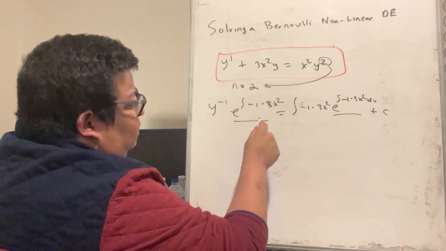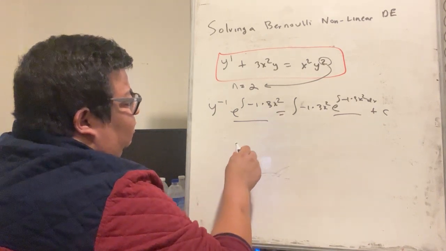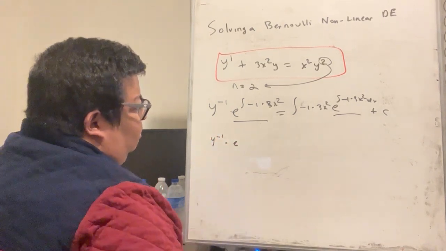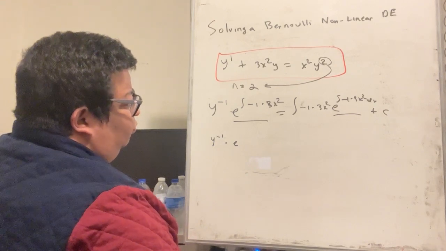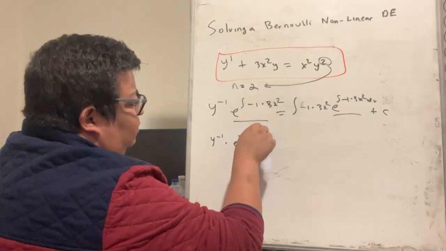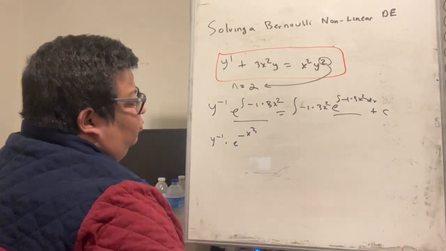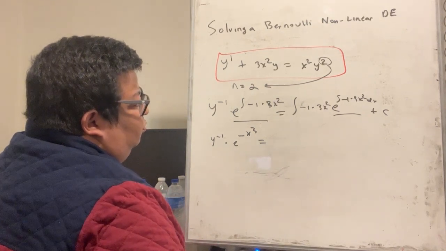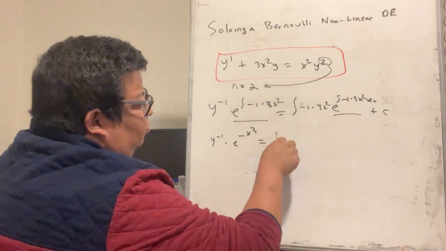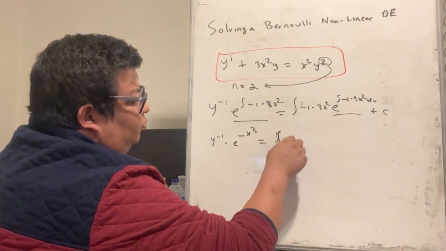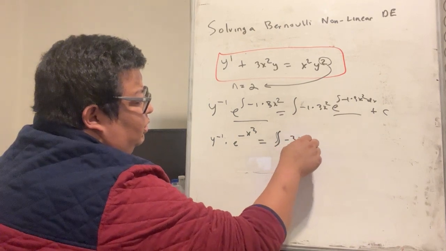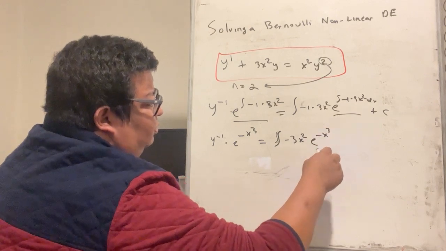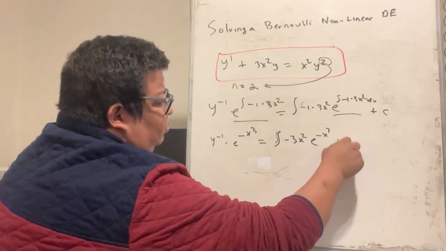The integral of minus 1 times 3x squared becomes minus x cubed. So the left side becomes y to the minus 1 times e to the minus x cubed, equal to the integral of minus 3x squared e to the minus x cubed, plus c.